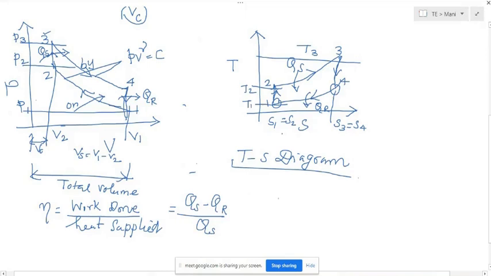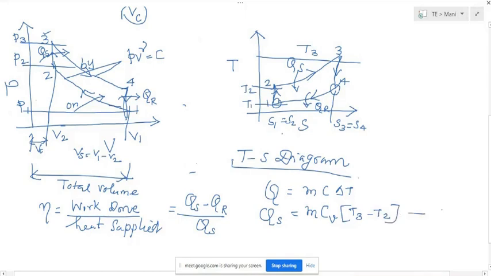Okay. So already we know that the general formula for heat is nothing but mc del T. So if you write for the heat supplied, which actually takes place at constant volume, C is nothing but specific heat at constant volume. Because of the constant volume process used here, the temperature difference takes place, heat supplied actually takes place between 2 and 3. So we can say T3 minus T2.